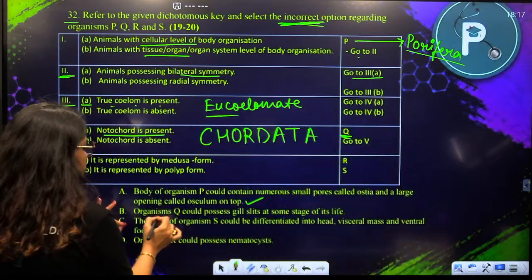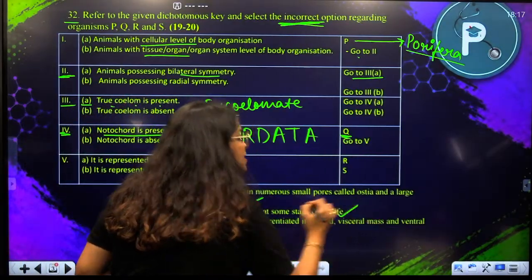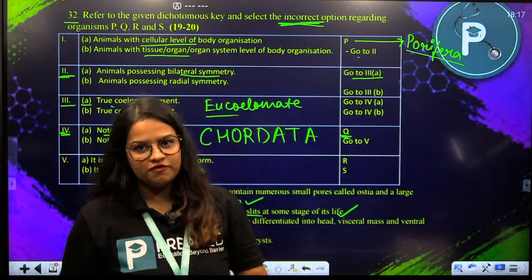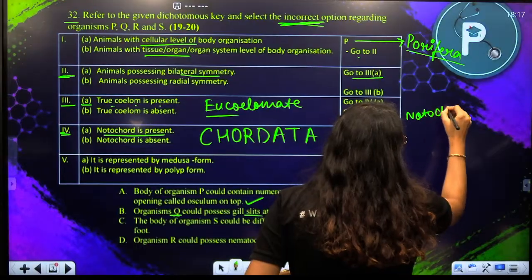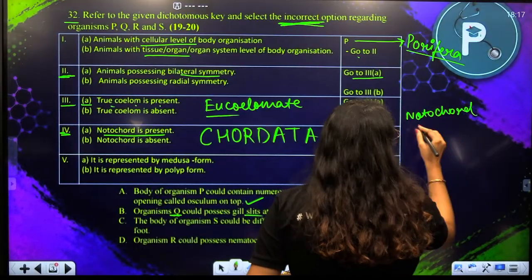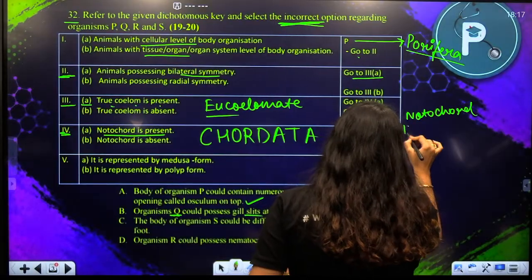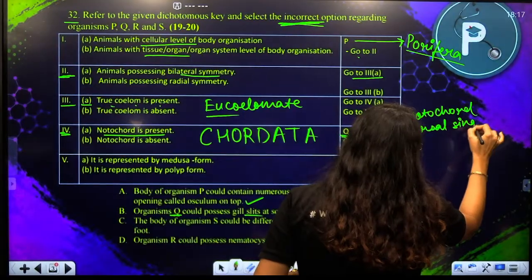So we can see here organism Q could possess gill slits at some stage of its life. Yes. Those who are chordata, they have these 4 general features. First feature, there should be presence of notochord. The second feature, there should be presence of a dorsal single nerve cord.